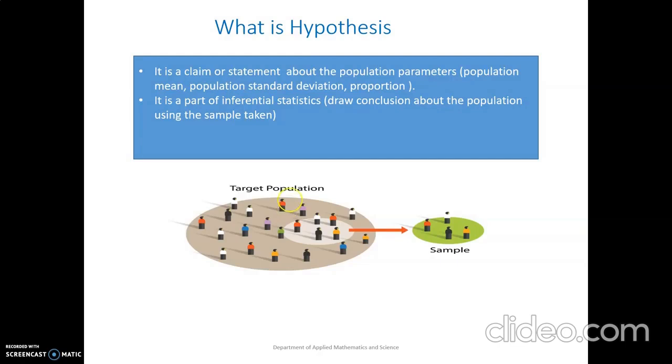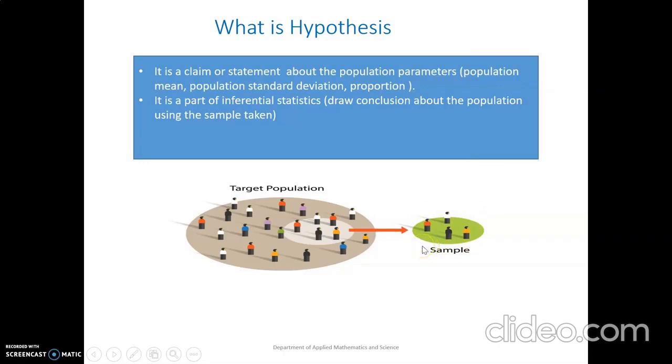Now, in order to know the mean age, you have to take a sample from the target population such that this sample represents your population, and then compute the mean age of that sample.